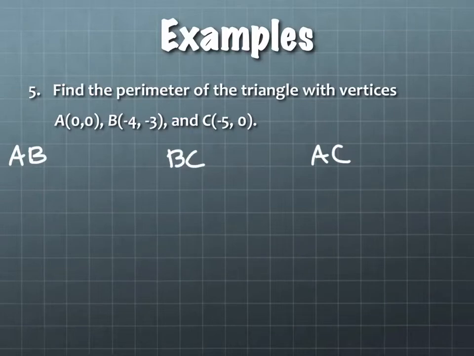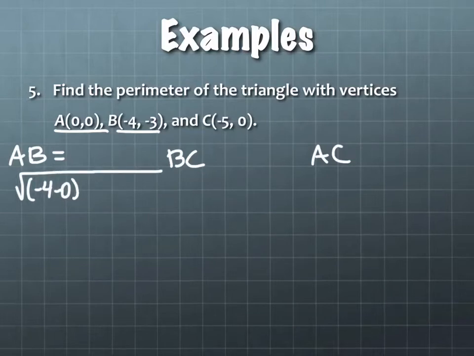Now, lovely enough, one of our vertices is 0, 0. I like zeros. Those are nice to work with. So on the first one, when we take A and B and compare them, we're going to have the square root of negative 4 minus 0 squared, and I have negative 3 minus 0 squared with addition between them.